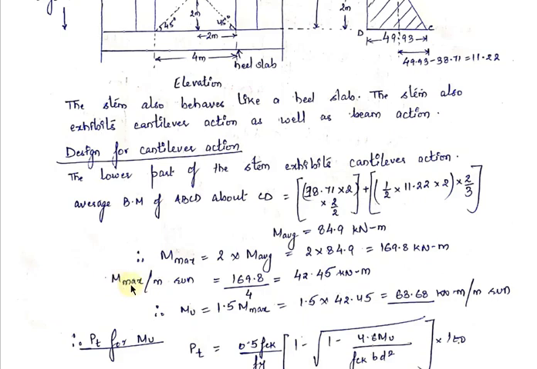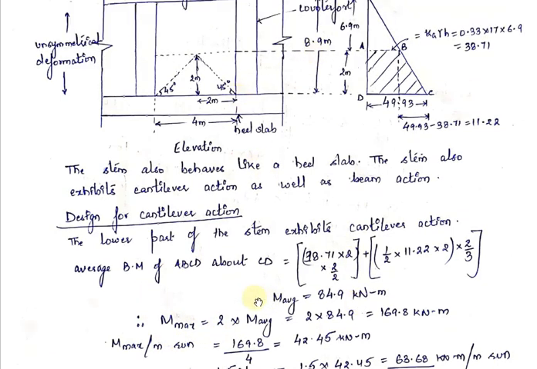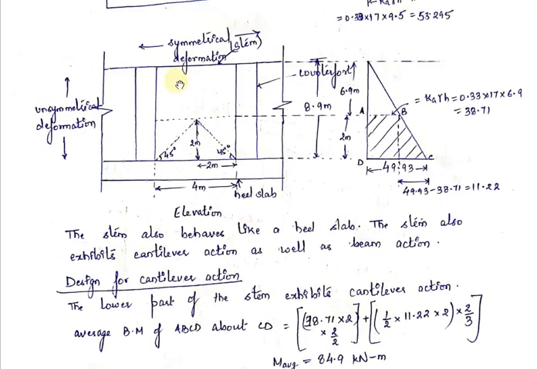Therefore, maximum moment per meter run. In the design of the counterfort retaining wall or a simple cantilever retaining wall, we design each and every component for per meter run. Therefore, we need to find out the maximum bending moment for per meter run of the stem. The bending moment which we just calculated was for 4 meter length.